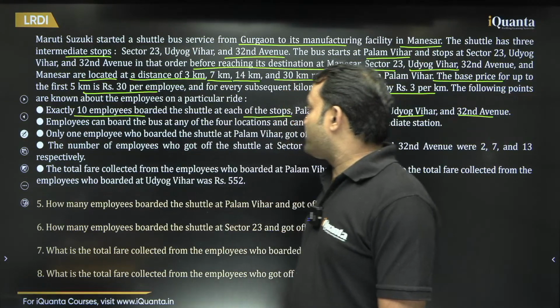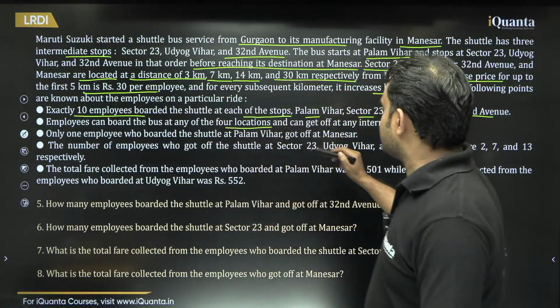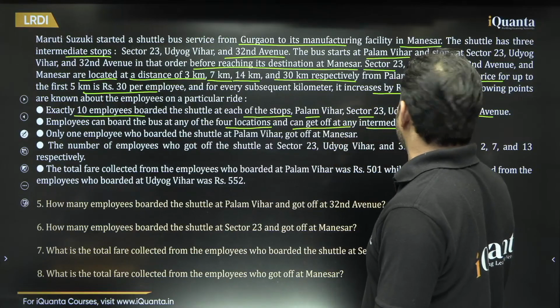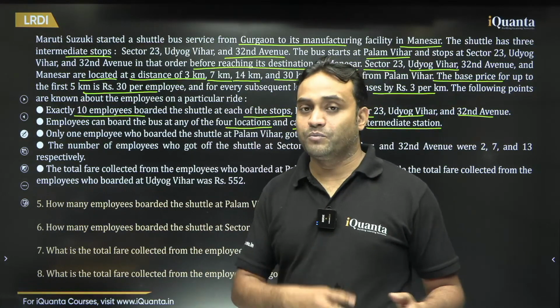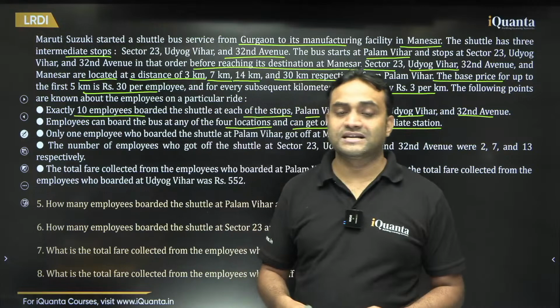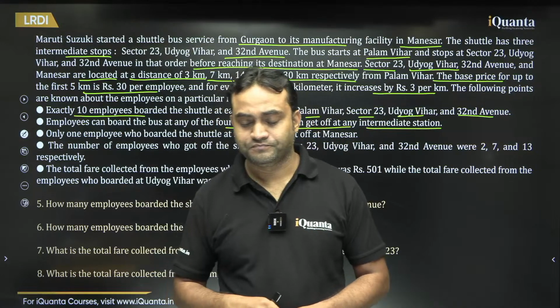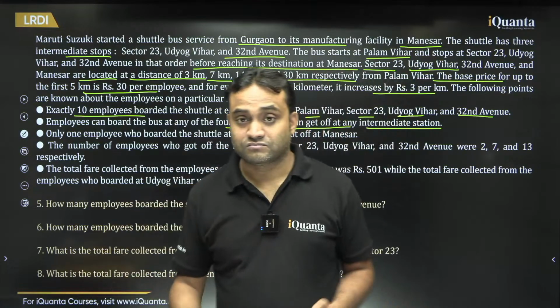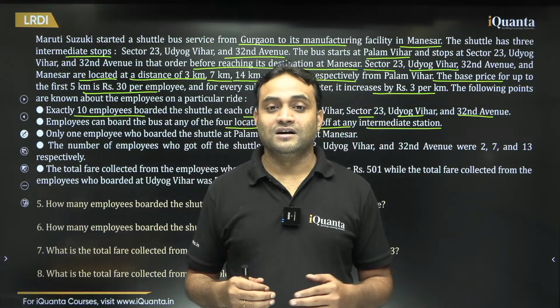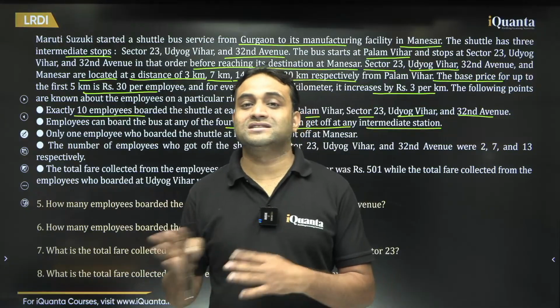Employees can board the bus at any of the 4 locations and can get off at any subsequent station. You cannot get on at Manesar because that's the last stop.